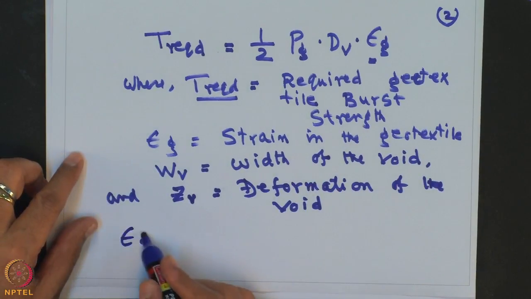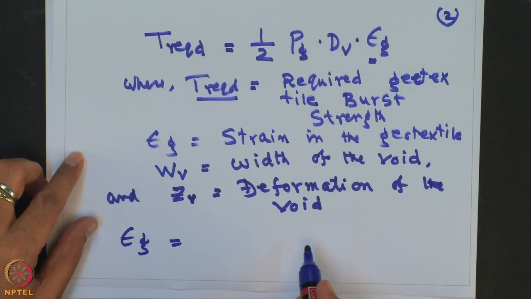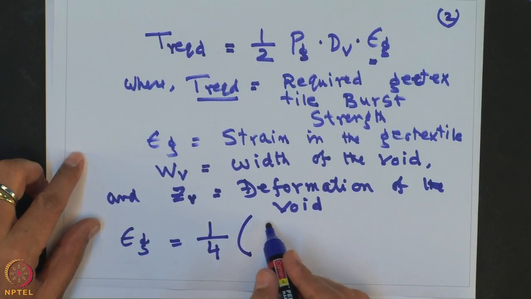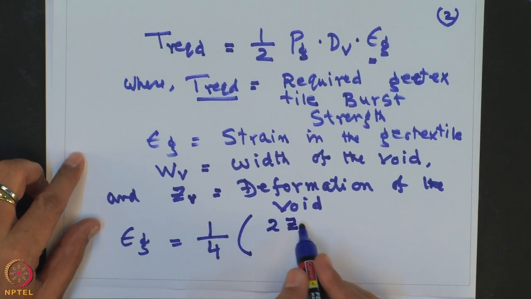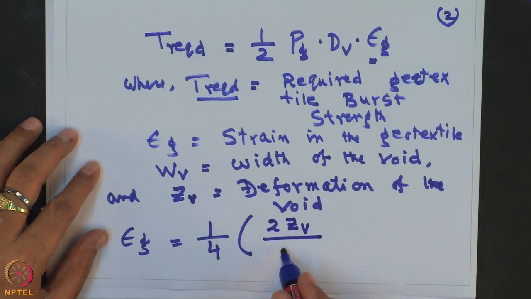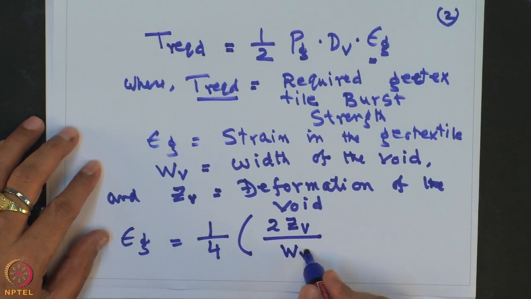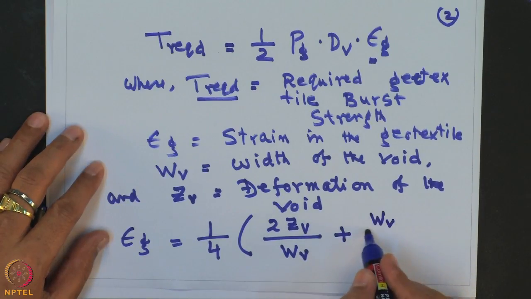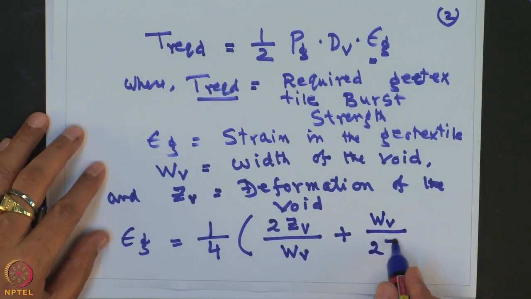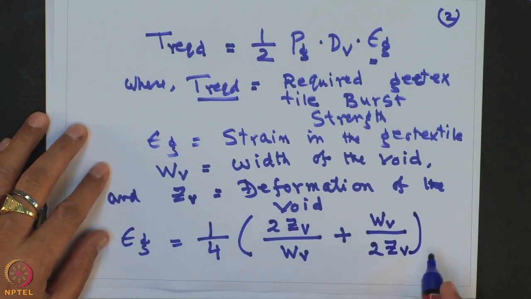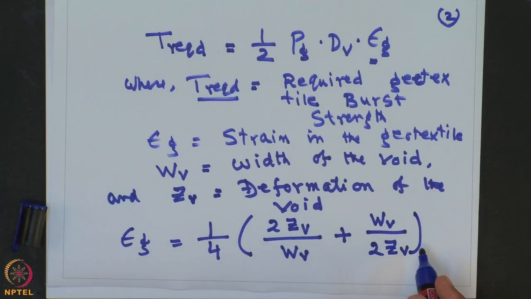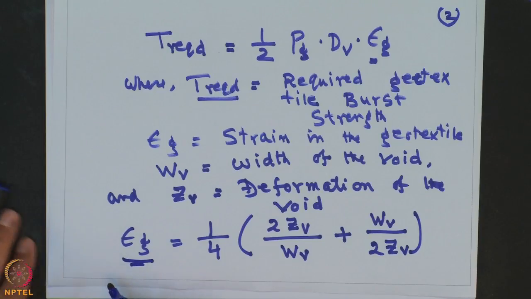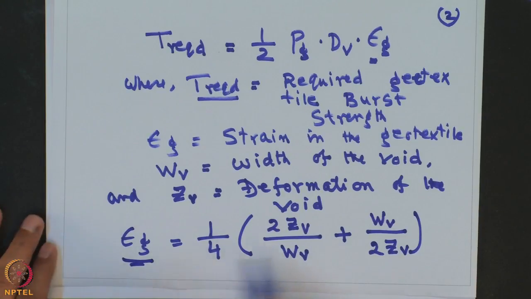So, epsilon g, strain in the geotextile material, can be written as 1 by 4 into 2 of Z of V divided by W by V plus W by V, this divided by 2 of Z of V. So, you can determine what should be the strain of the geotextile material.